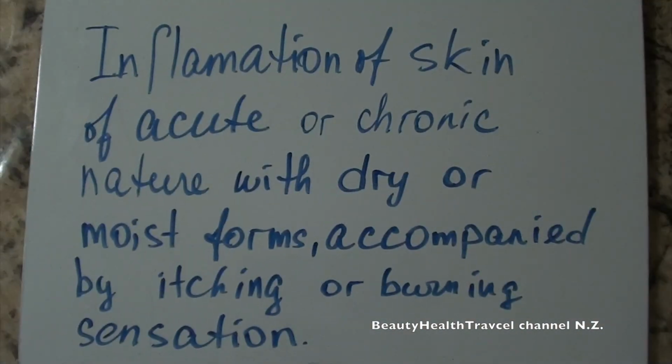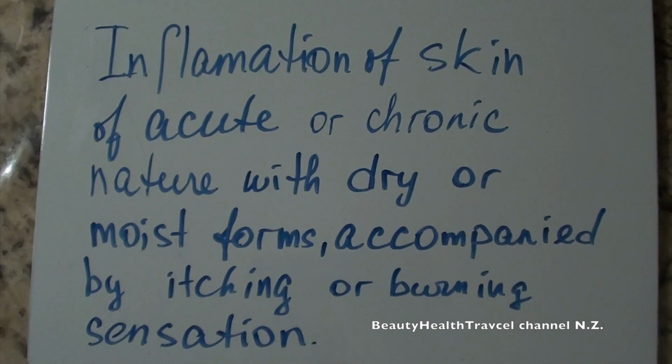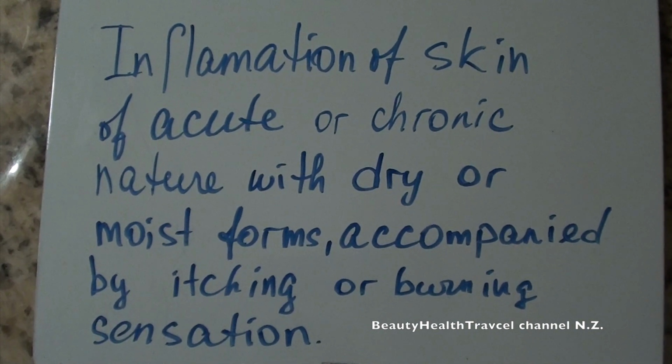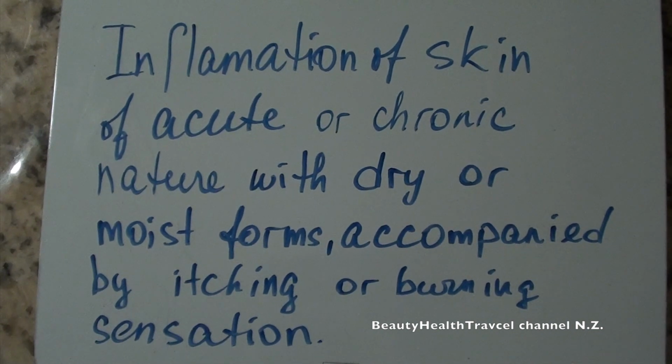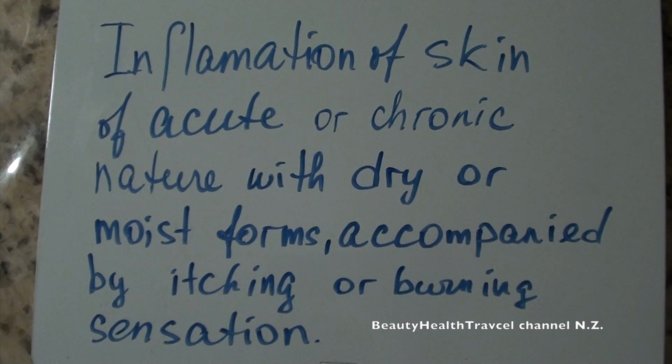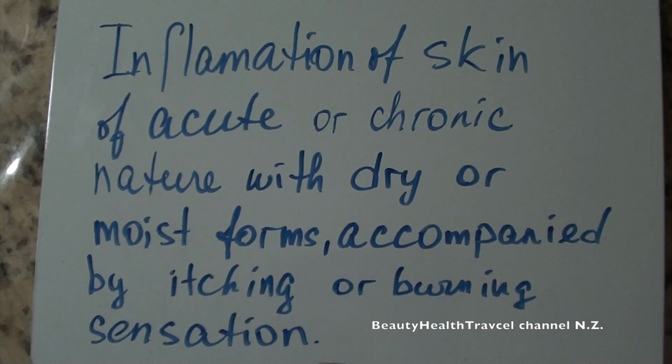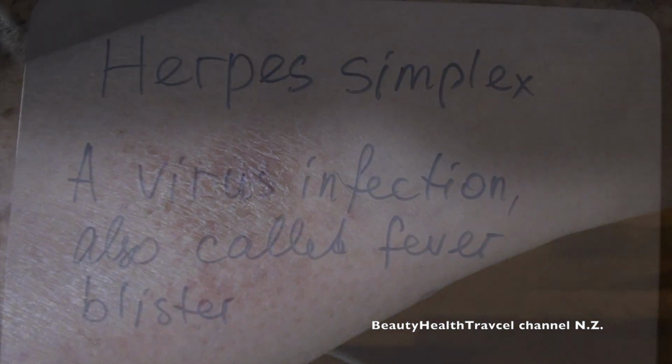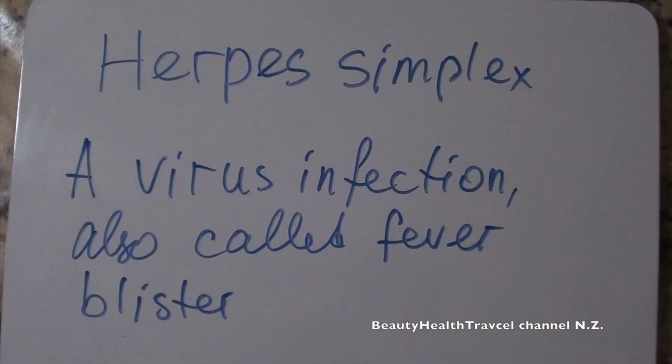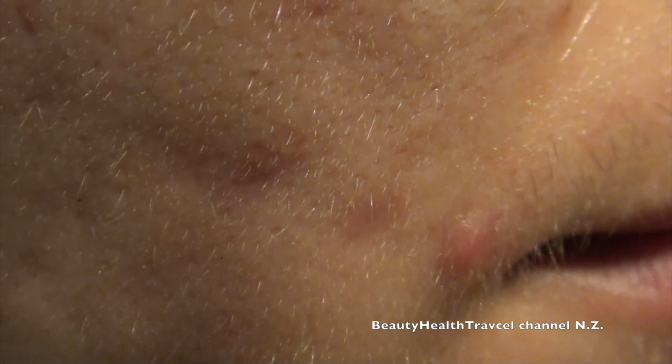Eczema is an inflammation of skin of acute or chronic nature with dry or moist forms accompanied by itching or burning sensation. Herpes simplex, a virus infection, also called fever blister.